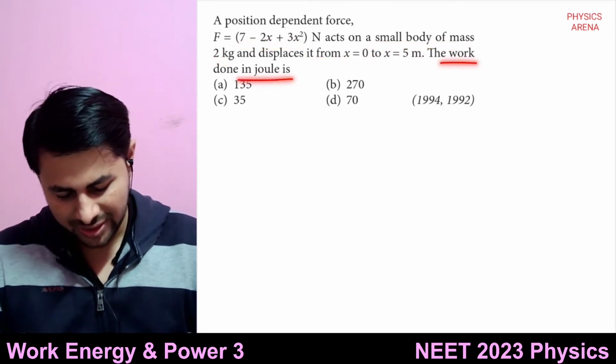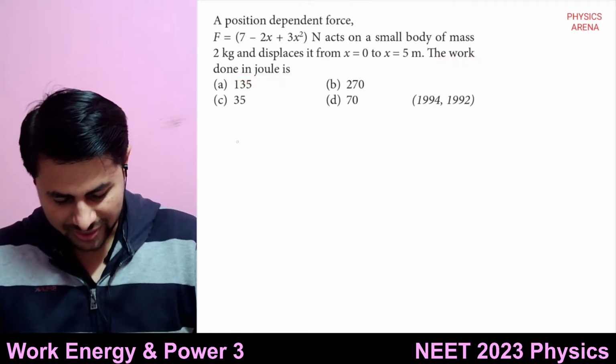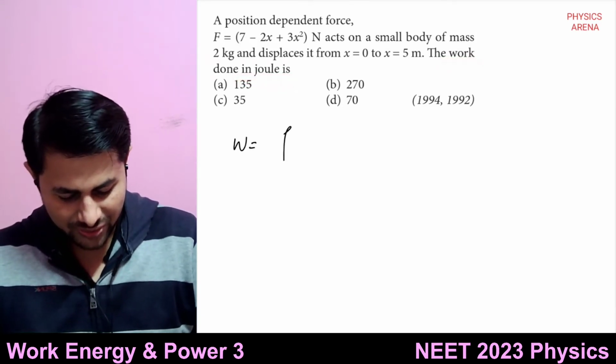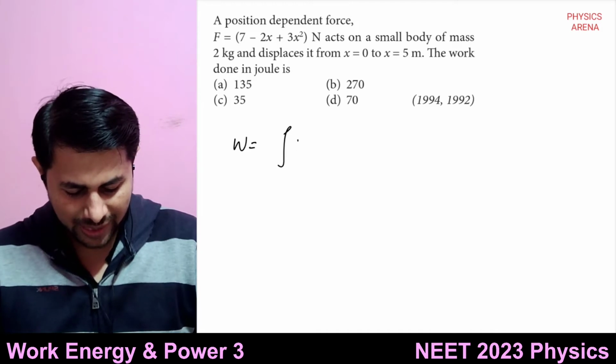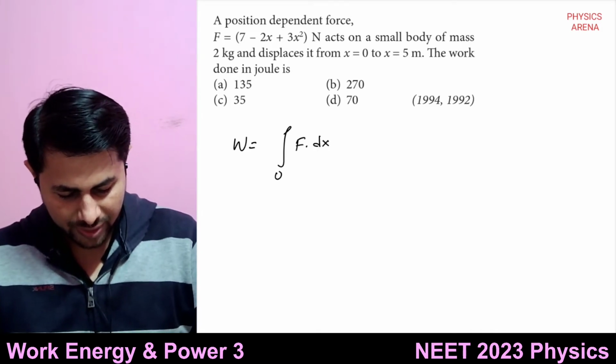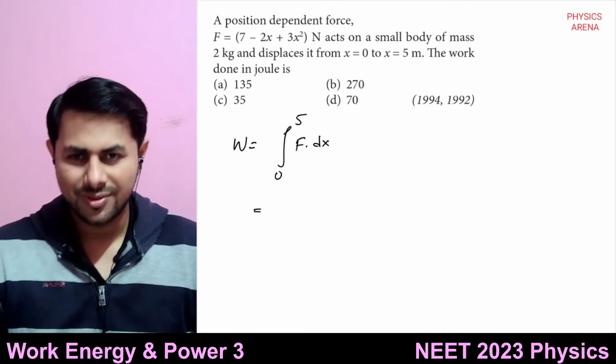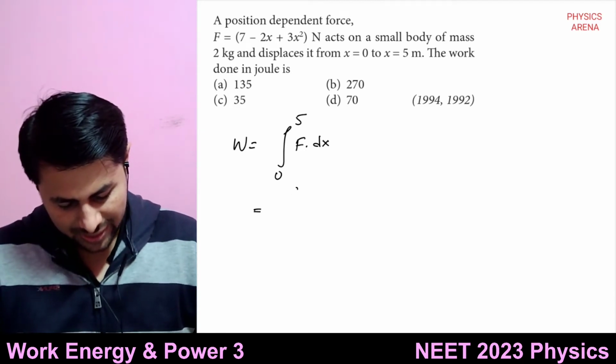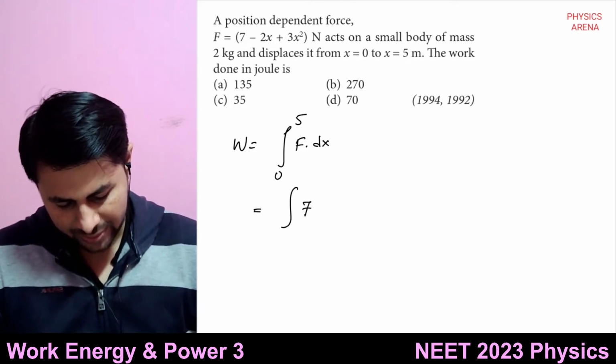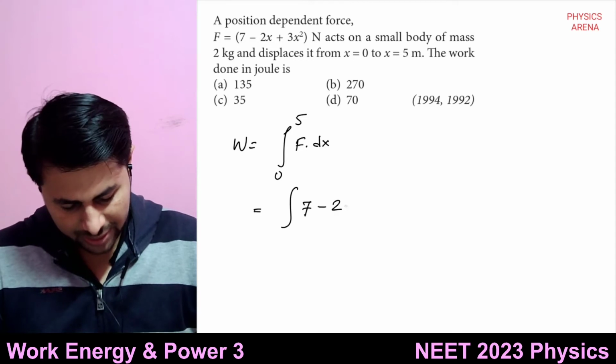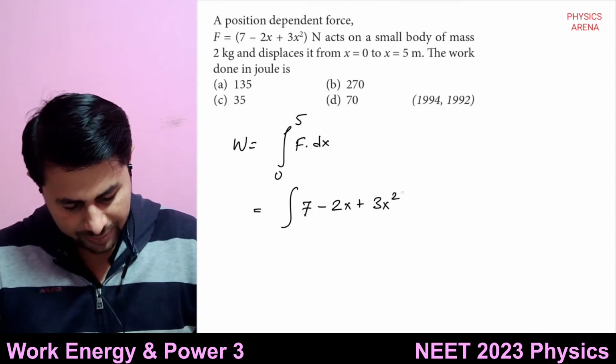The work done in joule is. Okay, so let me solve. It is the integral of F dx from 0 to 5. So how much is F? F is 7 minus 2x plus 3x square.